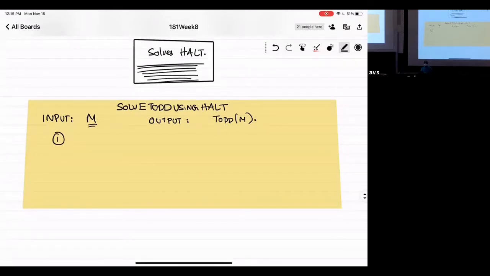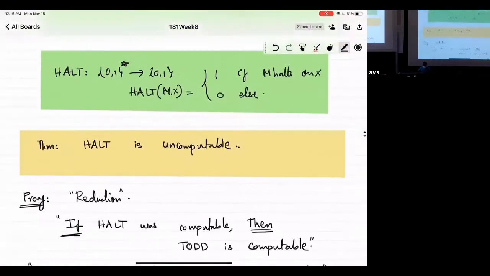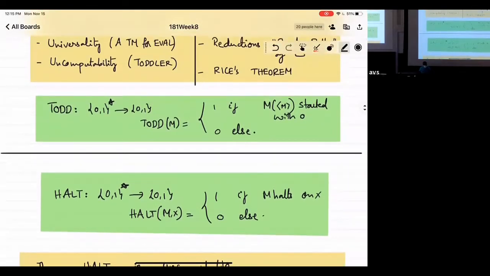I think in last class itself, someone pointed out how you might be able to do this if you could decide whether or not the machine halted. Recall the definition of Todd: it almost seems like, why shouldn't you be able to do this? I would simulate M on M, and if the final output started with 0, I would flip it.